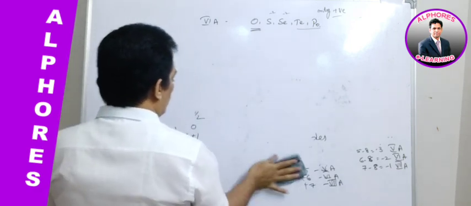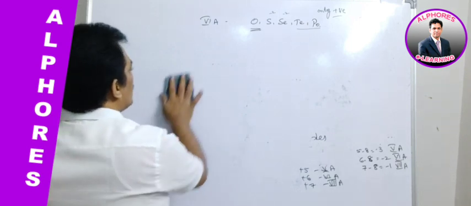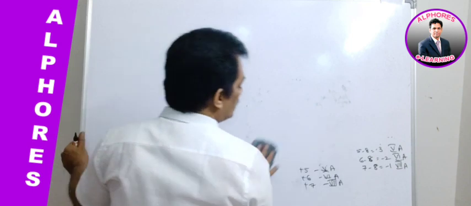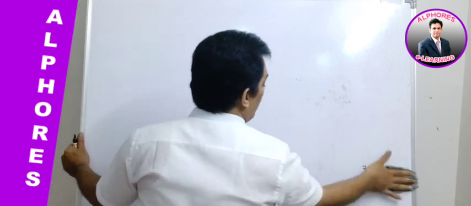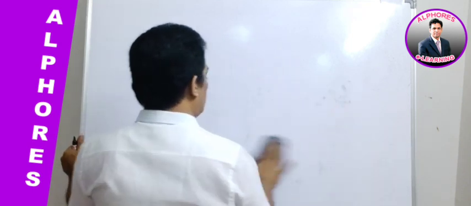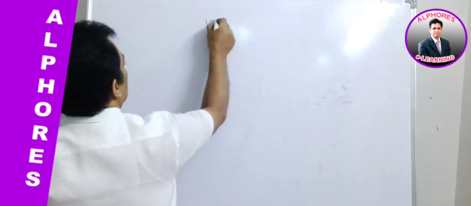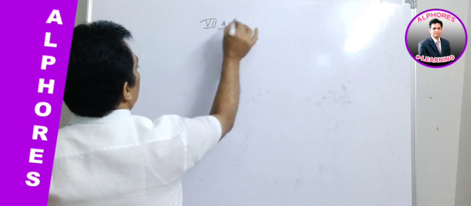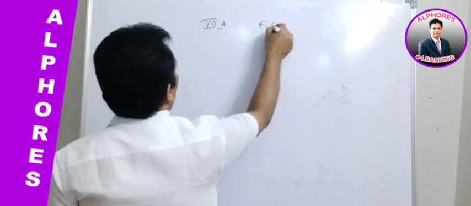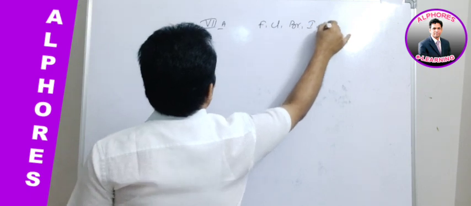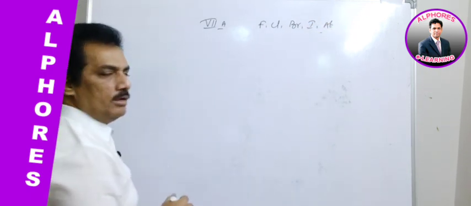In the 7th A group, the exception is fluorine. Fluorine is able to exhibit the minimum oxidation state, and it does not have any positive oxidation state. Here it is 7th A group: fluorine, chlorine, bromine, iodine, astatine. These are the elements.